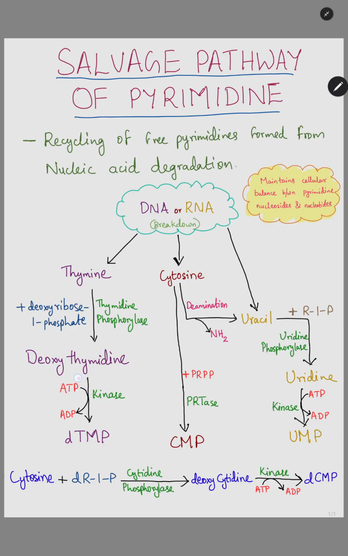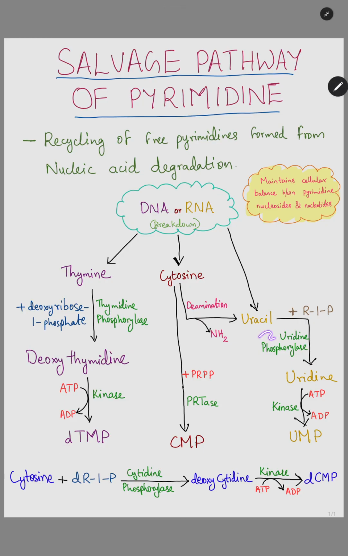In this reaction, a molecule of ATP is utilized and ADP is formed as the byproduct. So we now got DTMP, which is the required nucleotide for DNA synthesis.